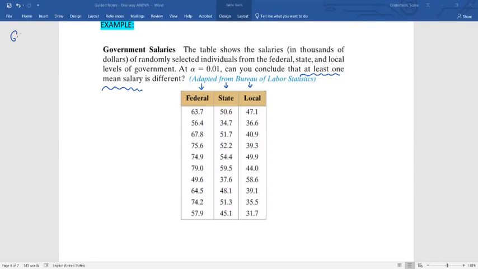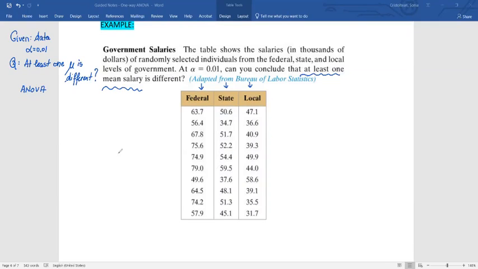So let's write down the given information. We have data in one table, and we have alpha 0.01, and we have to answer this question: can we conclude that at least one mean salary is different? How many mean salaries do we have? It seems that we have 3 groups, so we'll have 3 mean salaries, which will make us think I have to do an ANOVA test. Let's set up the test.